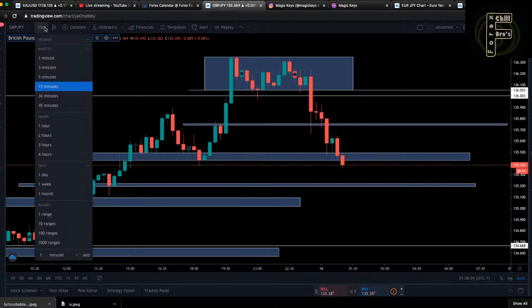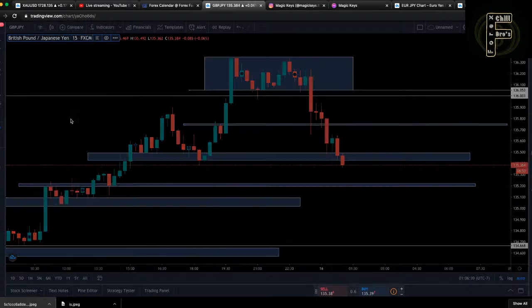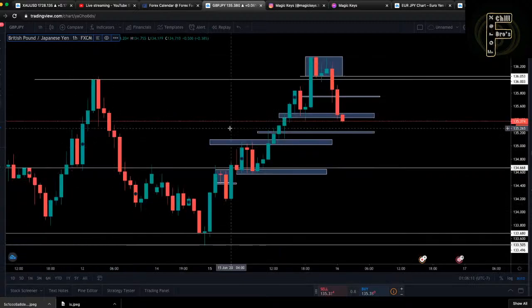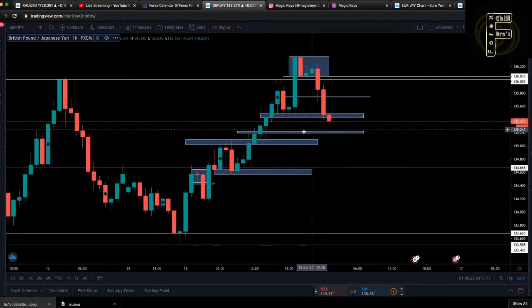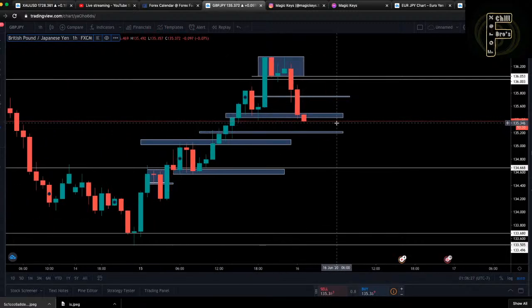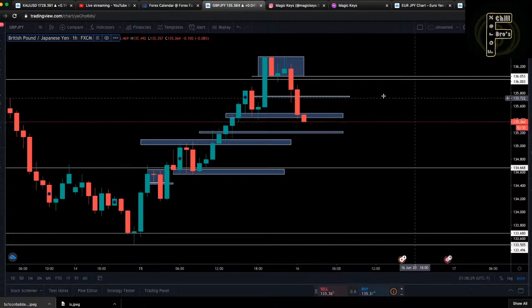Hourly. What's the hourly doing? Pushing down. This area is a very strong level. You need to actually see what's happening on your left hand.